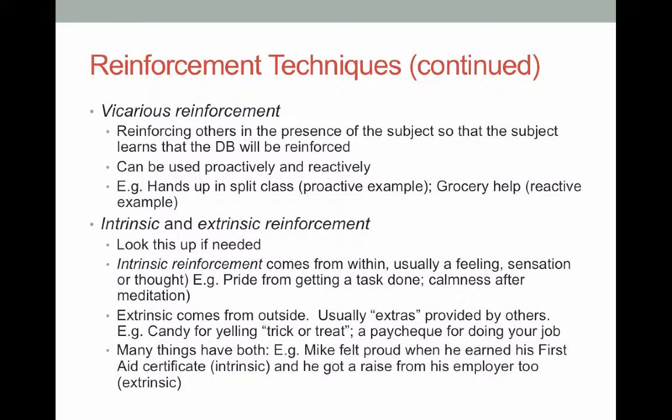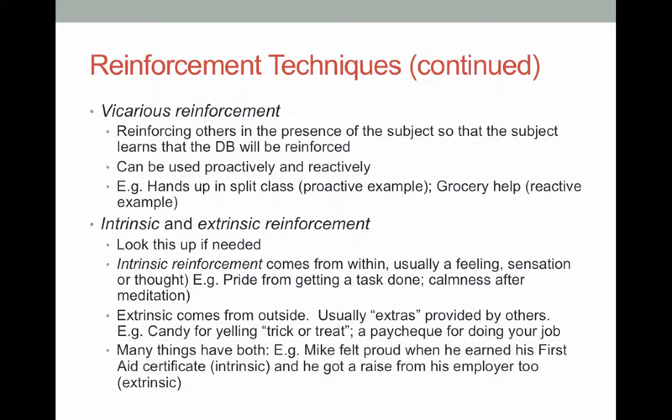For example, if we did a job and we felt proud, that would be intrinsic reinforcement. Or if we meditated and felt calm afterwards, that would be intrinsic motivation. Extrinsic motivation comes from outside of us, and a good way to think of that is extra or external when you hear those first 3 or 4 letters. Usually these are extras that are provided by other people.